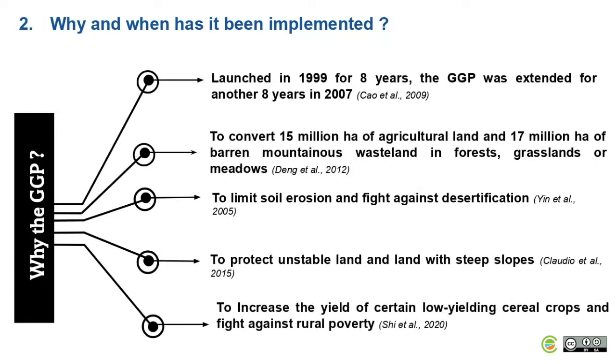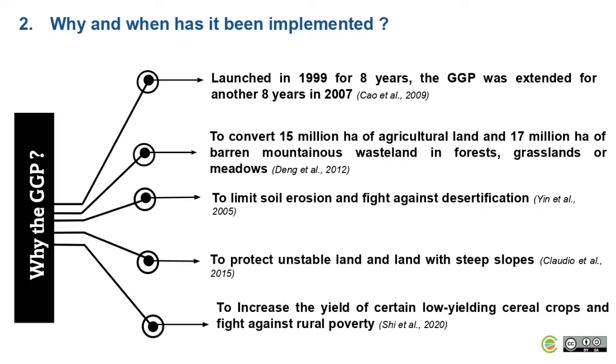The main objectives of this project were to convert a total of 15 million hectares of agricultural land and about 17 million hectares of barren mountainous wasteland into forests, grasslands or meadows.